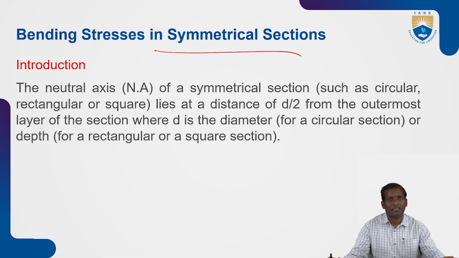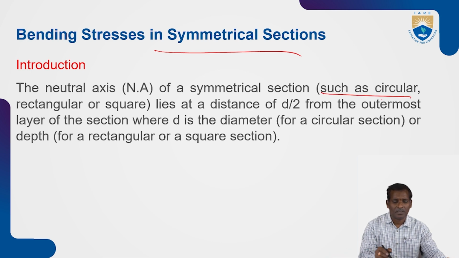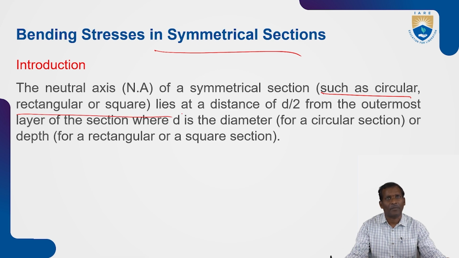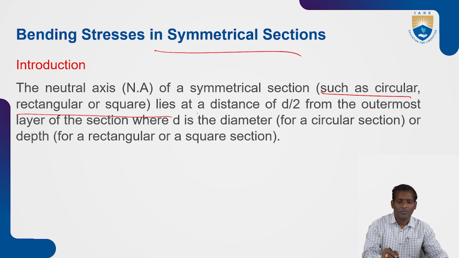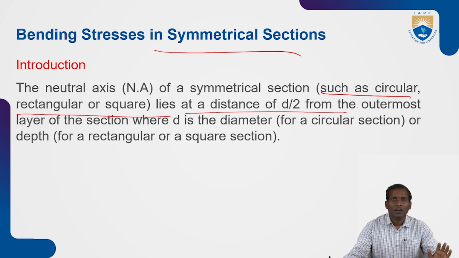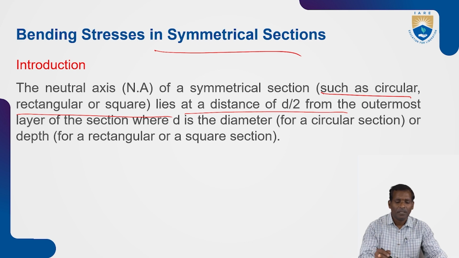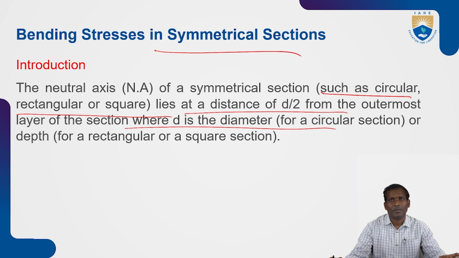The neutral axis of a symmetrical section, such as circular, rectangular or square, lies at a distance of half of the diameter from the outermost layer of the section, where d is the diameter for a circular section or depth for a rectangular or square section.